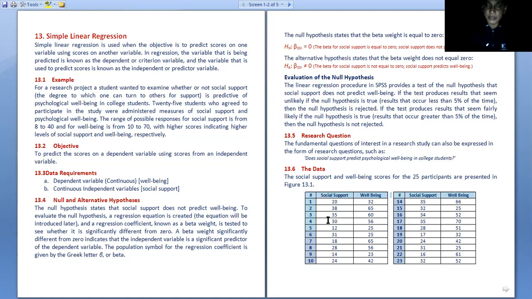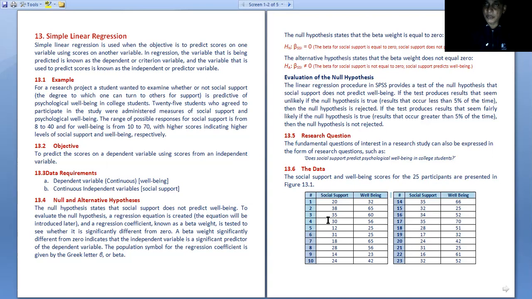So we are measuring the social support and psychological well-being of the students, and the range of possible responses for social support is from 8 to 40, and for well-being it is from 10 to 70, with higher scores indicating a higher level of social support and well-being respectively.